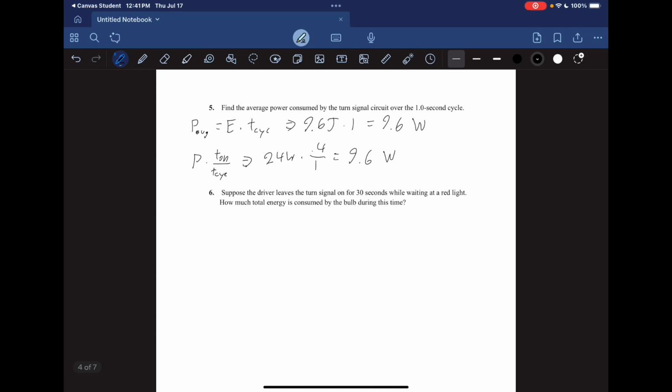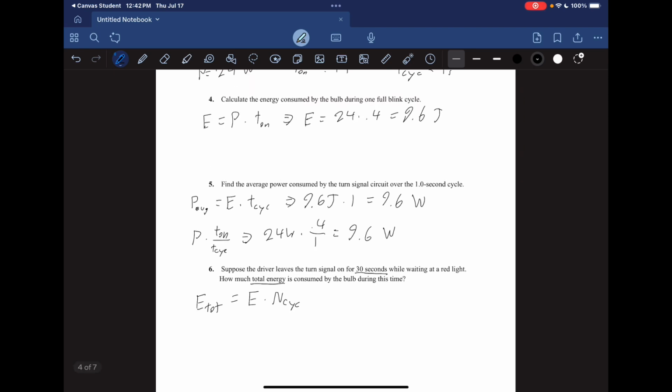Question 6 says, suppose the driver leaves the turn signal on for 30 seconds, highlight that, while waiting at a red light. How much total energy, so that's what we want, is consumed by the bulb during this time? So this is another pretty simple equation where we're going to say we want the total energy, and it is going to equal the energy consumed during one cycle times the number of cycles, N cycle.